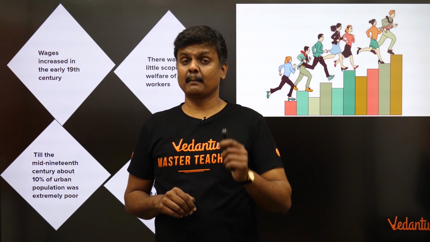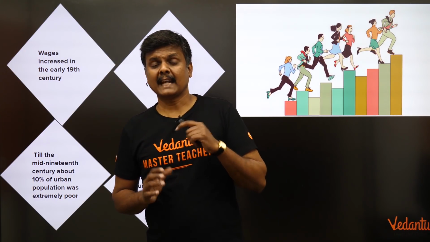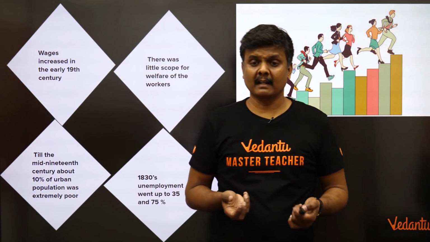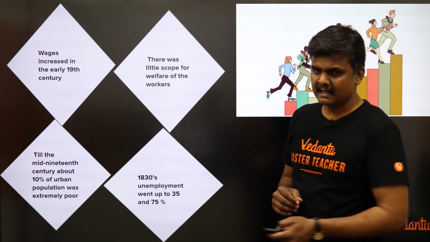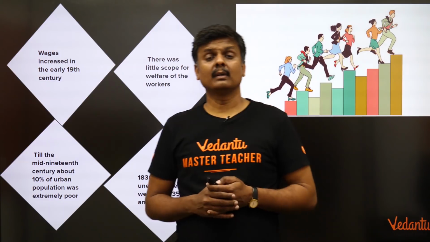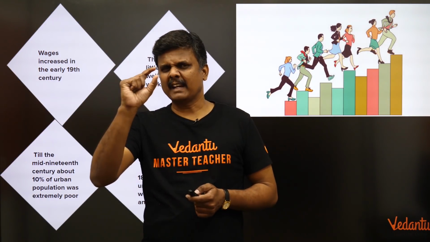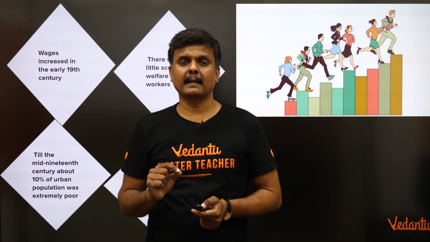Guys, we are speaking about not the countryside population, the urban population. Please remember, 10% of the urban population were poor. See, in the 1830s, that is the 19th century, unemployment was around 75%, guys. These are all very important stats that you should be remembering.